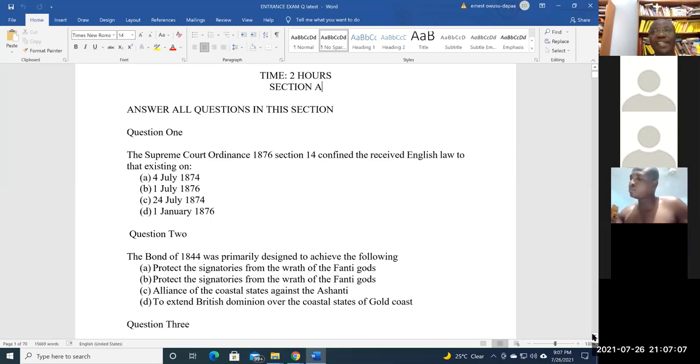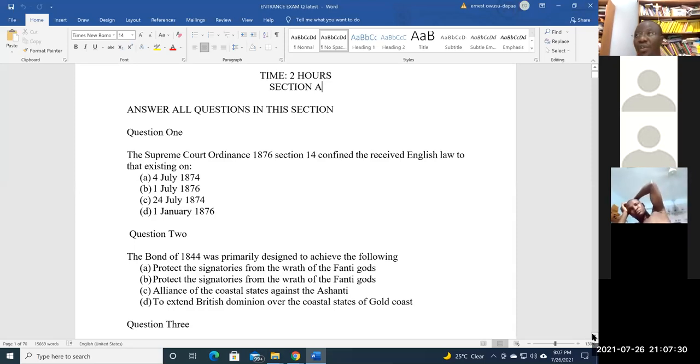Then another set was what they call legislation of general application. Legislation of general application meant that it was applicable within all the colonies, not only Gold Coast, but Nigeria, India, wherever the British Empire expanded at the time. That is the idea of the statutes of general application.